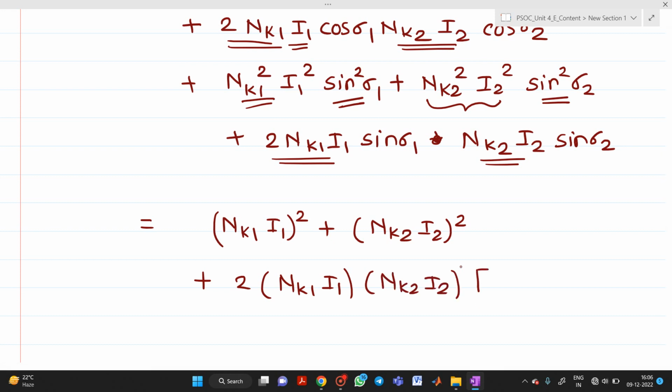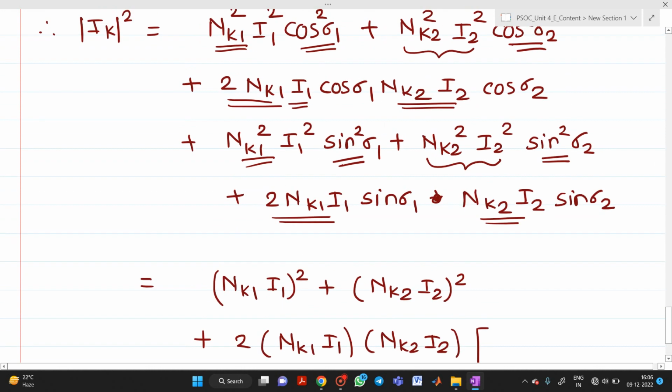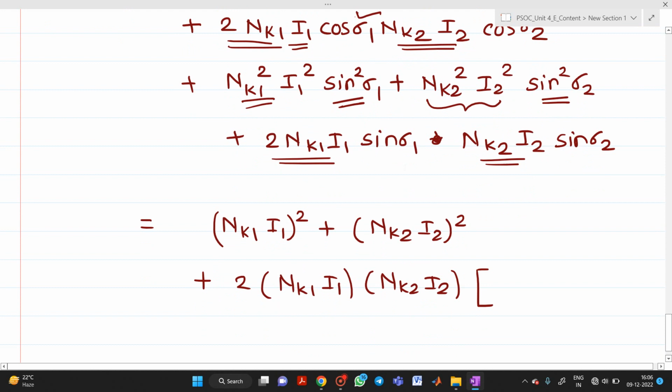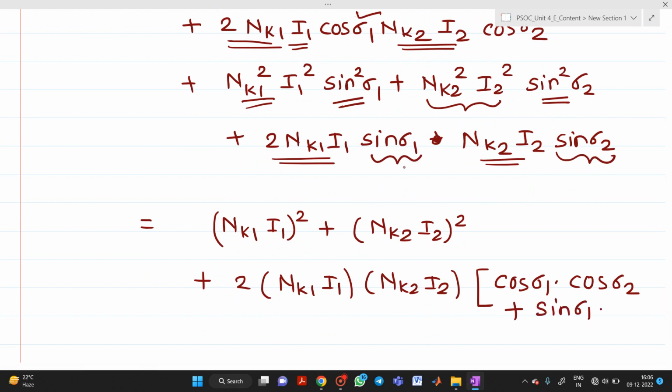Now please see carefully, here you will get cos sigma 1 into cos sigma 2 plus sine sigma 1 into sine sigma 2.